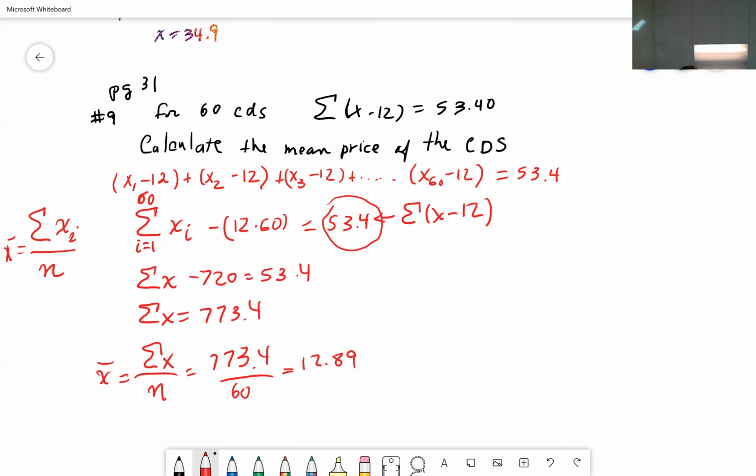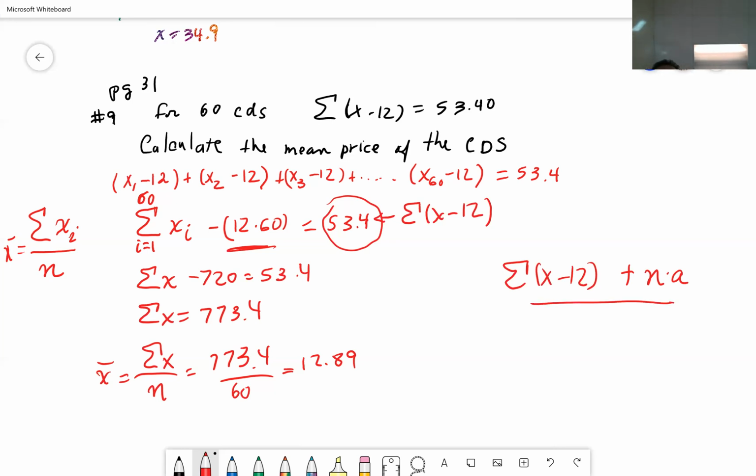What do we add to it? We added n times a. And then what did we do?